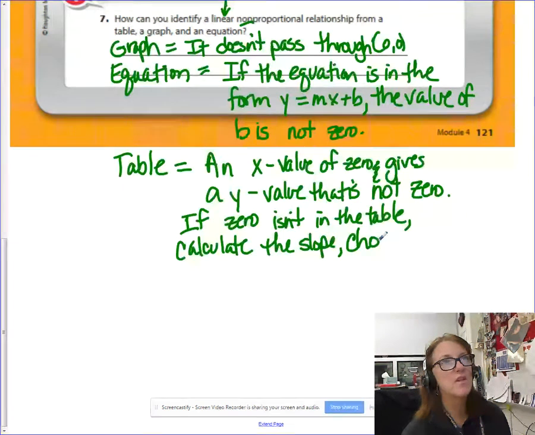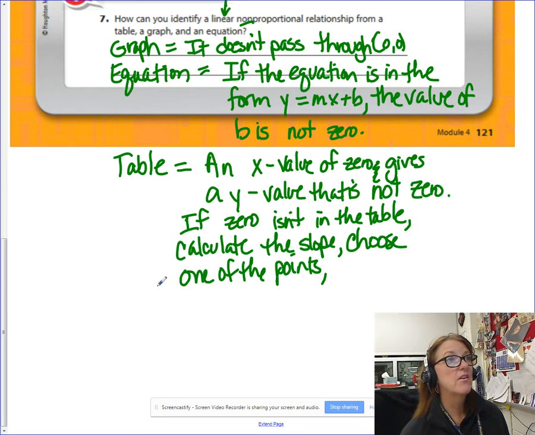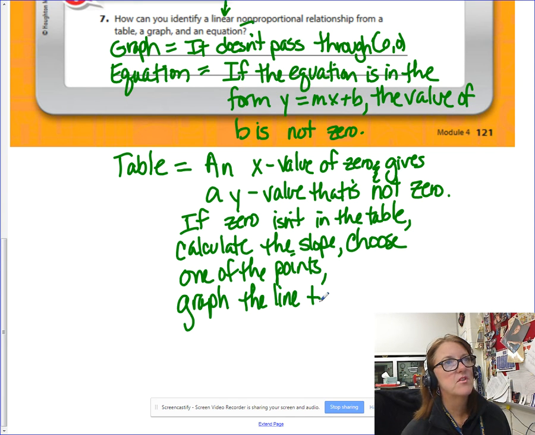Choose one of the points. And then go ahead and graph or build your line. When you build your line, you'll be able to tell if it's going to work to pass exactly through the origin. If it doesn't, then you're good. Graph the line to find the y-intercept. There you go.